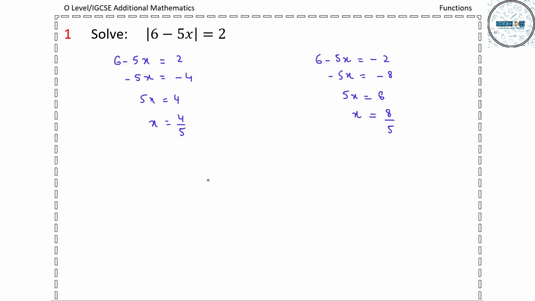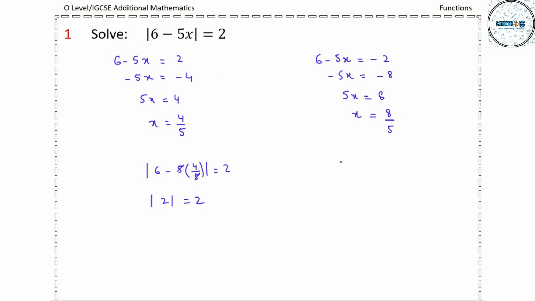Once you have taken out the values of x, you have to check as well. Now we will substitute these values in this equation so that we can check whether it is satisfying the equation or not. So we have here 5 and 5 cancel. 6 minus 4 is 2. So the absolute value of 2 is equal to 2, which is correct.